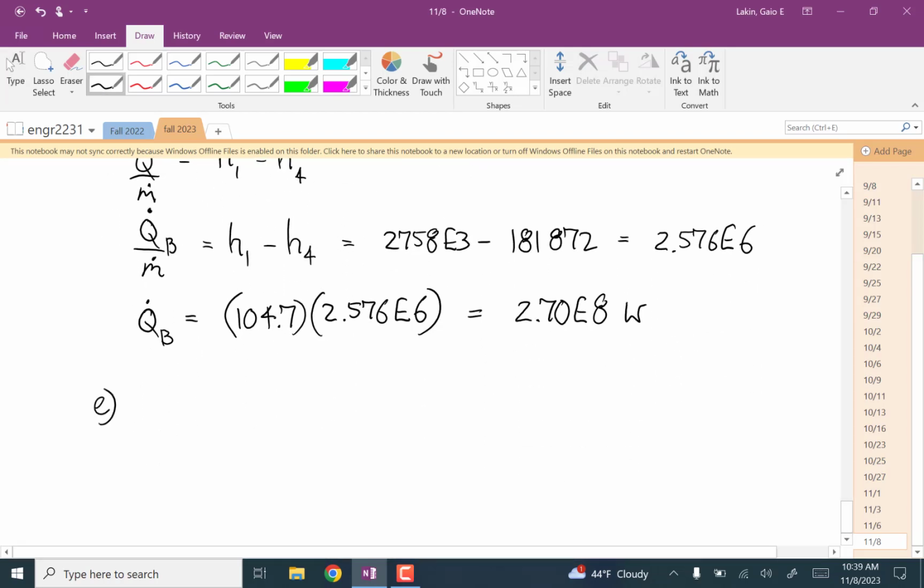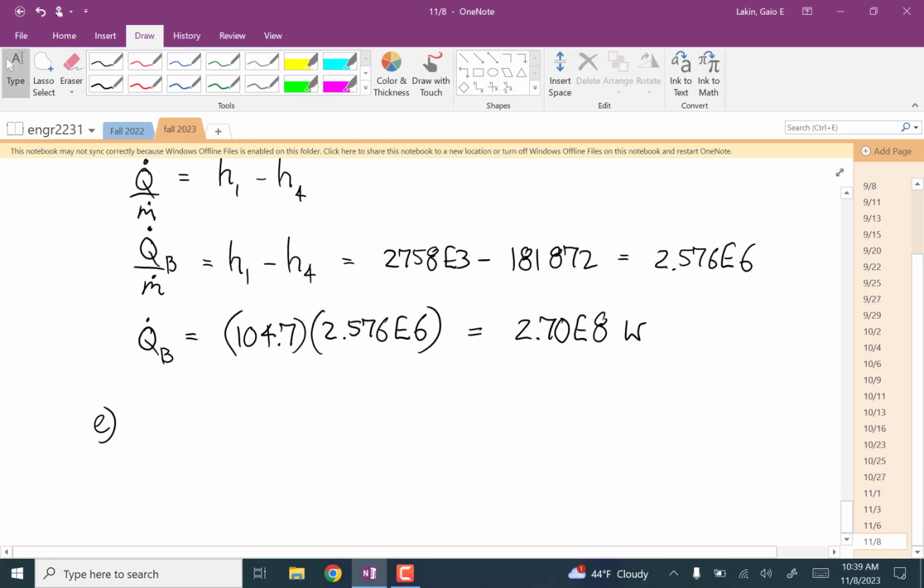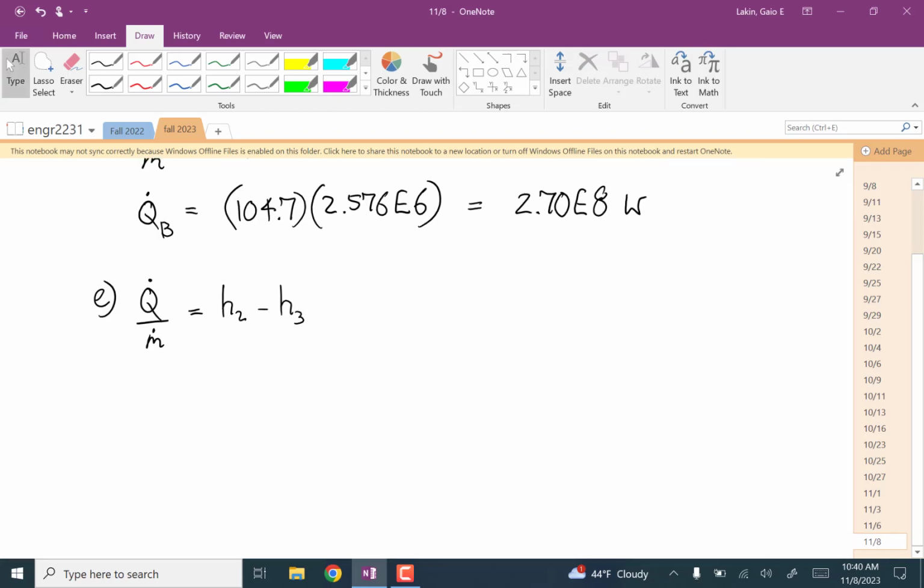Then at the condenser, Q dot over m dot is equal to H2 minus H3. The sign convention for the condenser, remember the heat for the condenser is coming out of the system.